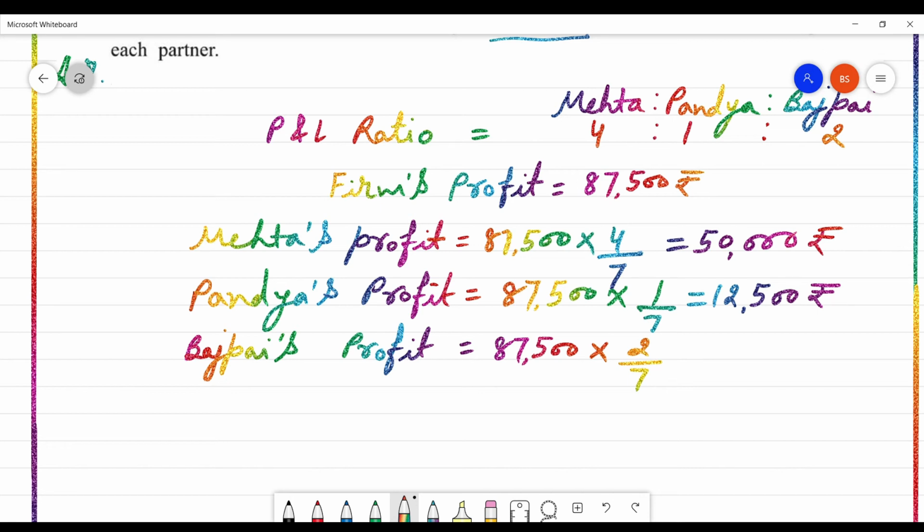After that, make the total: 25,000 plus 12,500 plus 50,000. It should be total firm's profit. If it is not, you have calculated the sum wrong.